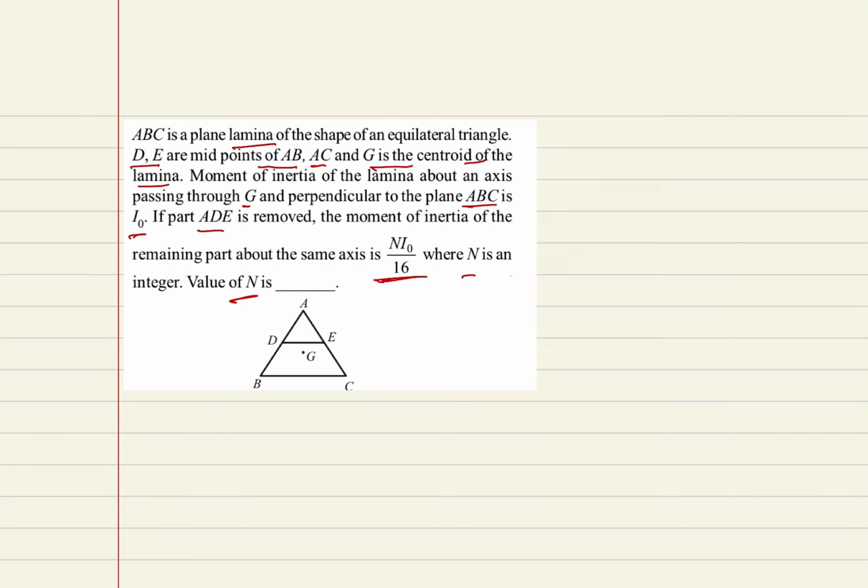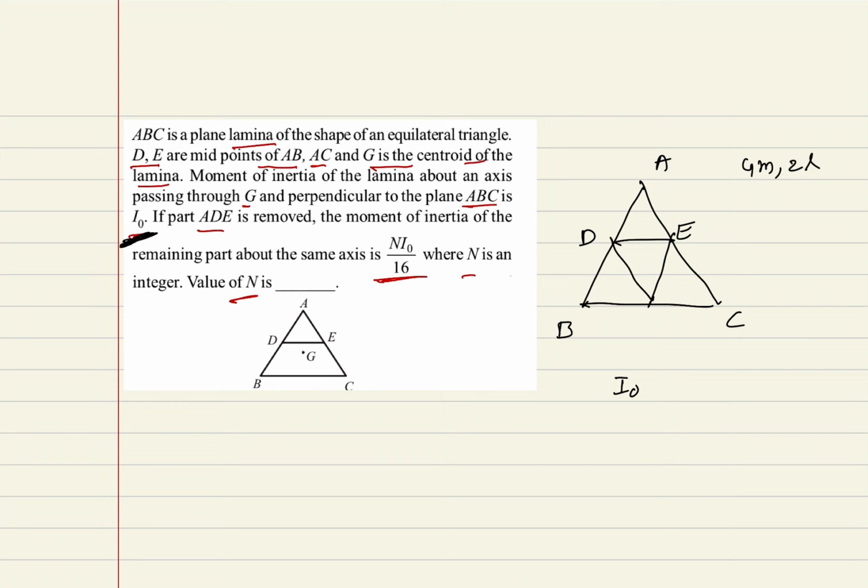Here also, in the same manner, I am taking four triangles. This is A, D, E and this is B, C. The big triangle has mass 4m and side 2L.